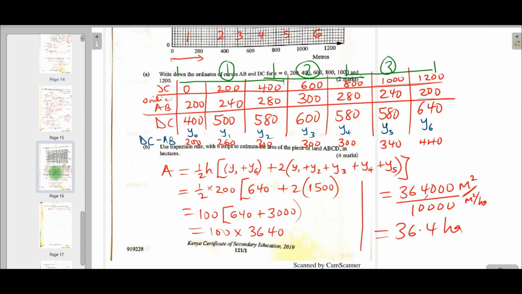So here y1 is 260, the other one is 300, and 340.